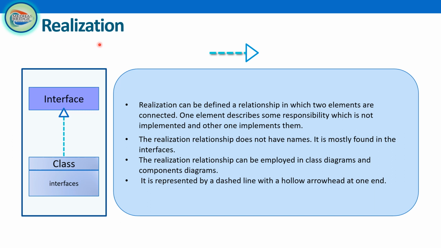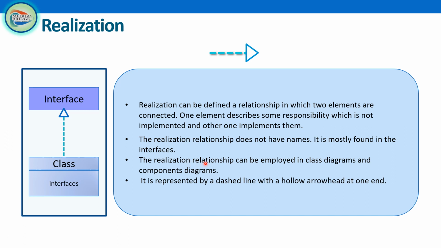Realization. Realization can be defined as a relationship in which two elements are connected. One element describes some responsibility which is not implemented by itself, but the other element will implement it. Realization relationship does not have names. It is commonly found in interfaces.